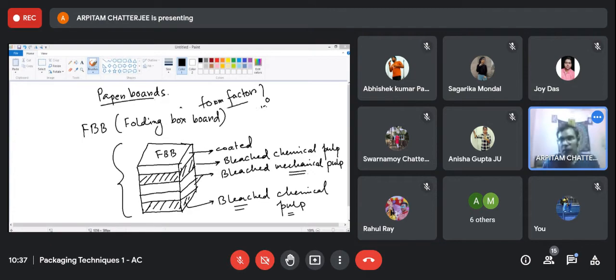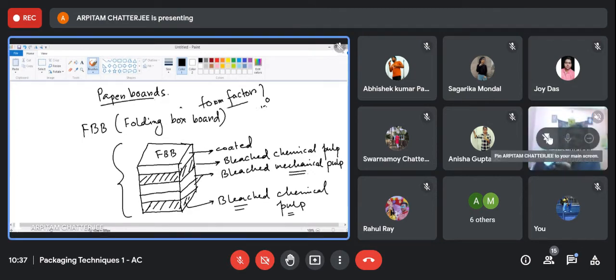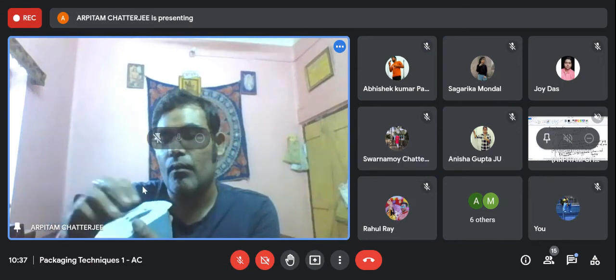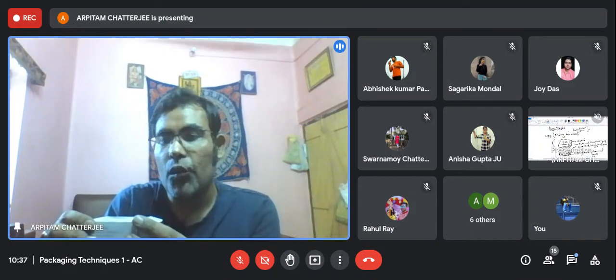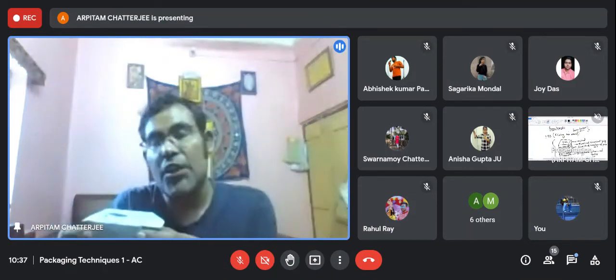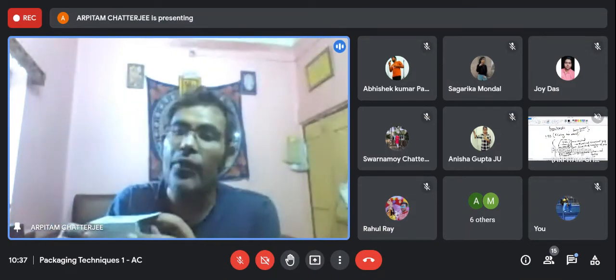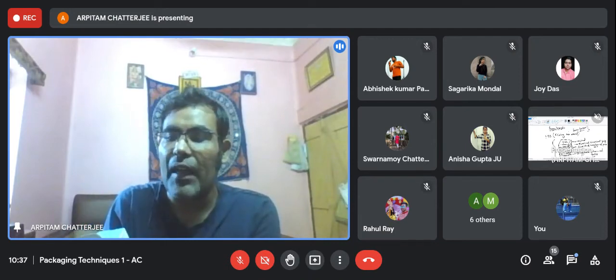yeah, this one, this is a pulse oximeter box. So this is an example of the FBB, folding box board, and it has a very good formation factor. Okay, you can give different types of shapes, you can have different kinds of packaging.